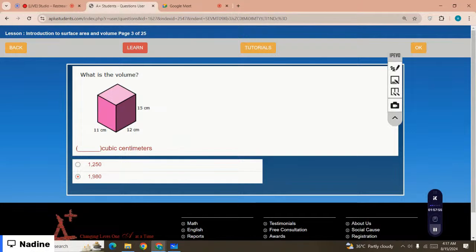You simply have to multiply 11 times 12 times 15, so that is 1980.